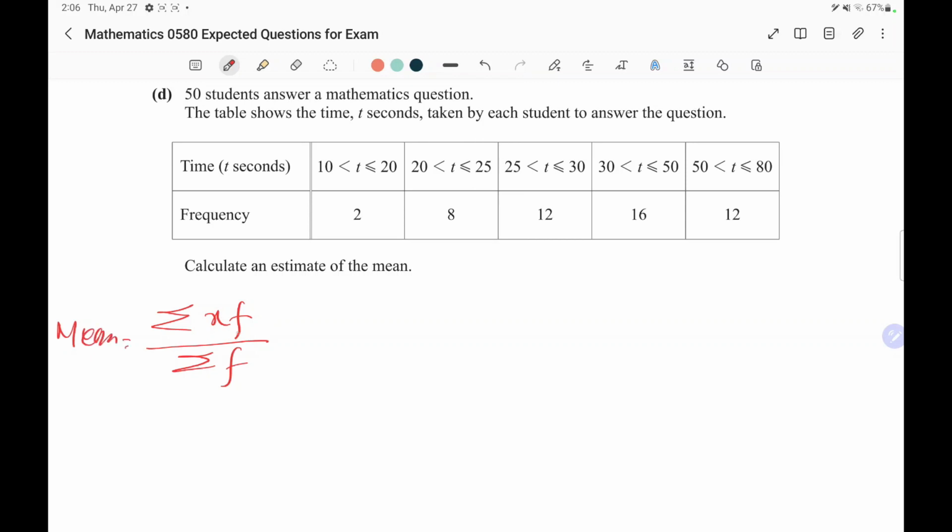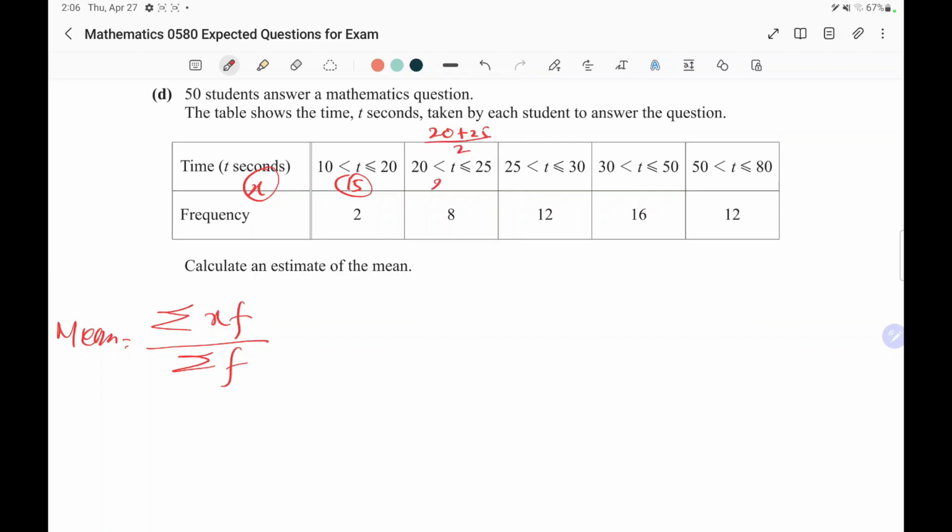X is the data, but here instead of x we have class ranges given. We need the exact x. How can we get that? We have to find the middle value. So 10 plus 20 over 2, that's the mid value, so that is 15. Now here also 20 plus 25 over 2.